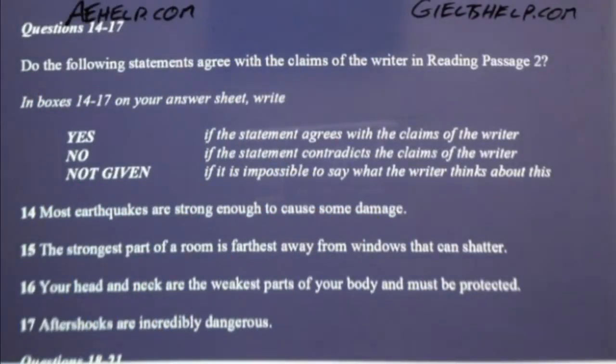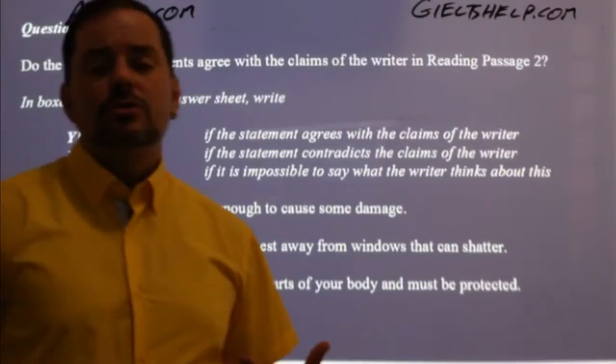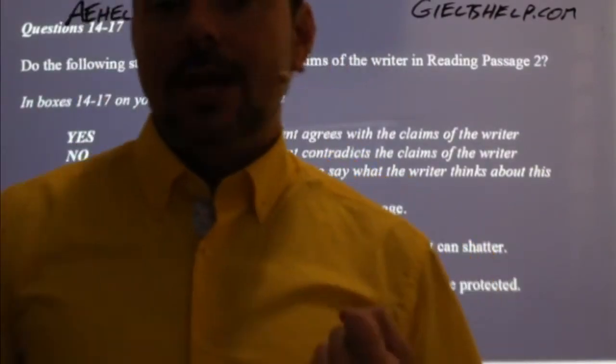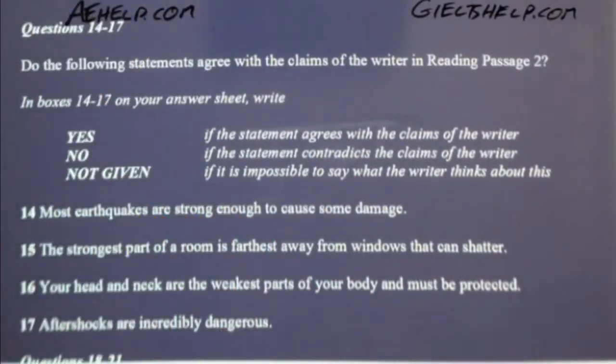All right, so let's do these yes, no, not given questions together. Now, with the yes, no, not given, the strategy that you should use is first figuring out if the information is given or not, and then figuring out if the information is true or not, okay?